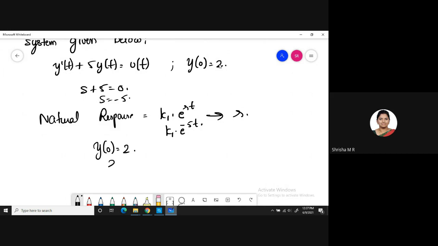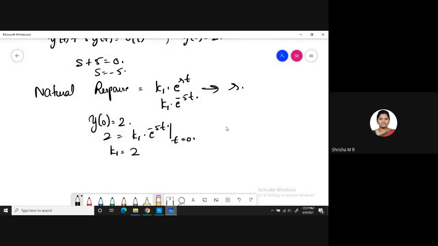So 2 is equal to K1 into e power minus 5t, at t is equal to 0, because this is y of 0. So what is K1? K1 is equal to 2. So we can say that the natural response of the system yn of t is equal to 2 into e power minus 5t. This is the natural response of the system.